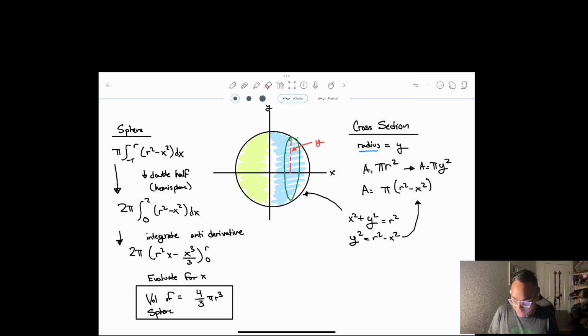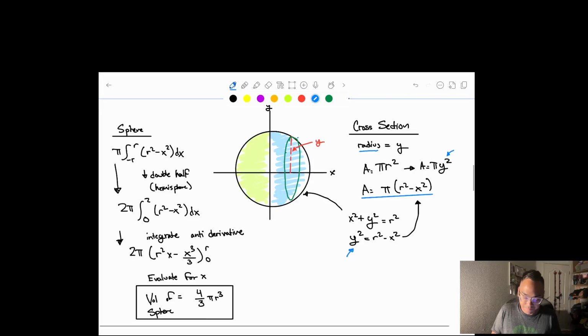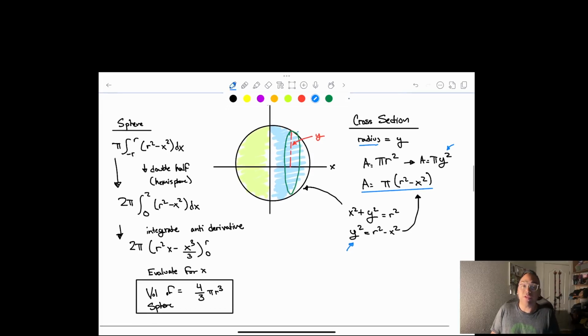And then we're just going to enter it back into our original equation, instead of y squared, we're just going to insert this function. So another name for this is composite function, because we're going to be inserting this. It's going to be pi times something. Just like it shows pi times y squared, we're also going to be finding y squared, and then we're just going to be plugging this in. So that's for a two-dimensional shape.